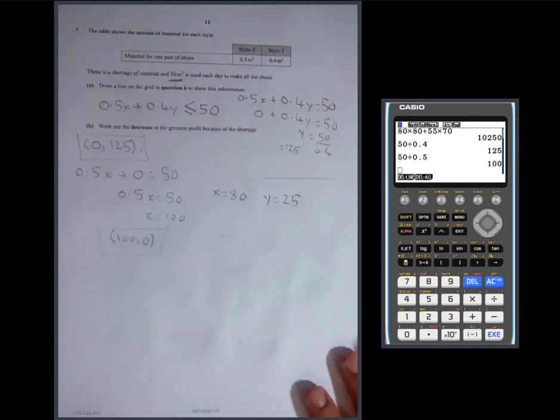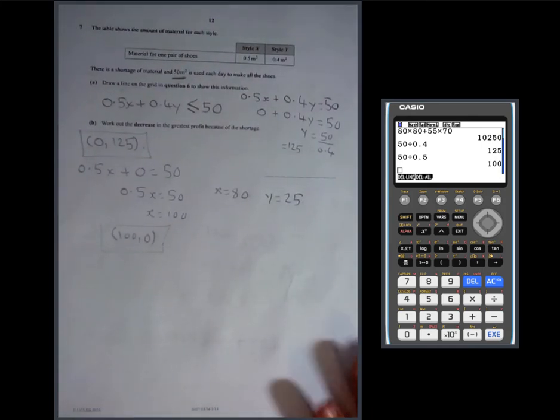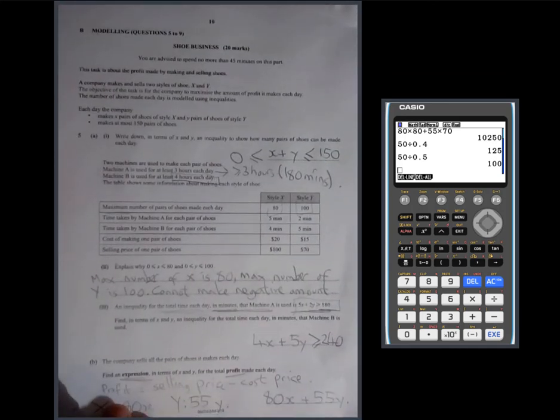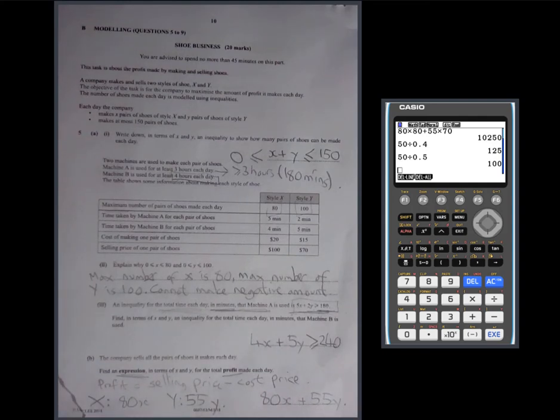So we need to find the decrease in the greatest profit. So we're going to need to find the new profit. As I was saying, you do need to flick around the pages quite a lot here. You just need to practice and get used to it. The expression for profit was 80x plus 55y.